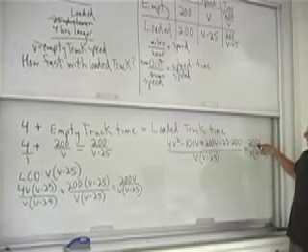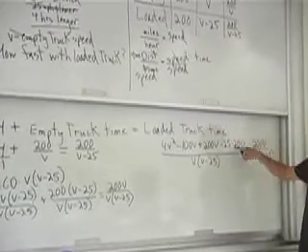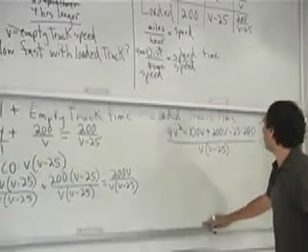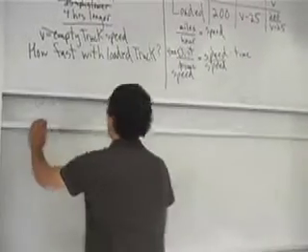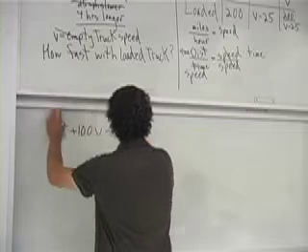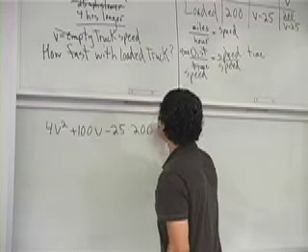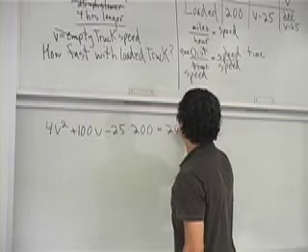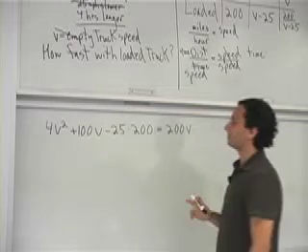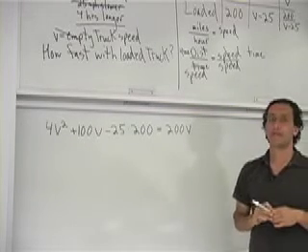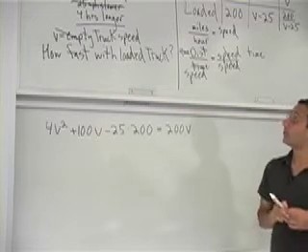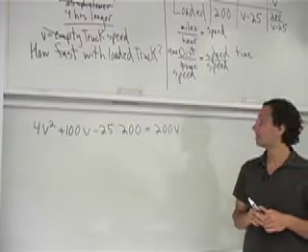And I'll rewrite the 200V on the right. And let me rewrite the minus 25 times 200. So minus 25 times 200 equals 200V. So we've whittled it down to a quadratic equation.